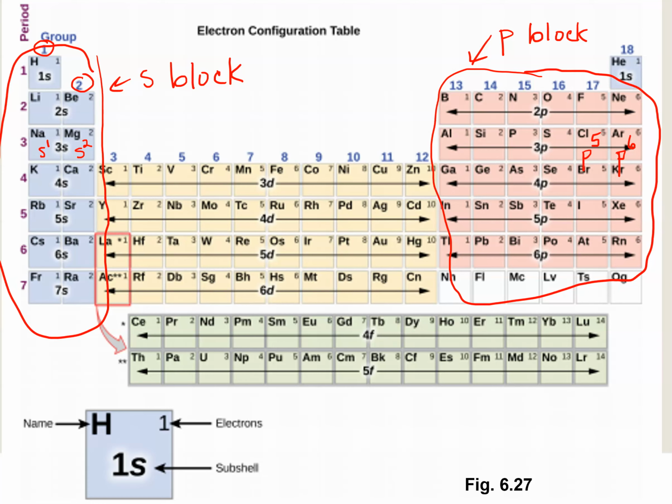p orbitals come in sets of 3, 2 electrons per orbital. That gives me up to 6. And again, if I forget how many p orbitals come in a set, I just need to look at that p block that is 6 columns wide to know that there are 3 p orbitals in a set. All right, now you can anticipate me here. Guess what's coming next? Look at those transition metals. If I wrote the electron configuration for a transition metal, they would end in d.